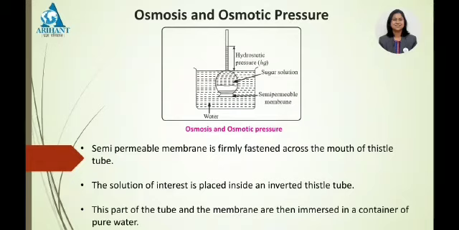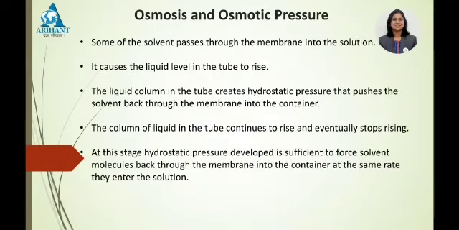This part of the tube and the membrane, this setup, is then immersed in a container of pure water, that is, pure solvent. What is going to happen? Some of the solvent passes through the membrane into the solution, and it causes the liquid level in the tube to rise.